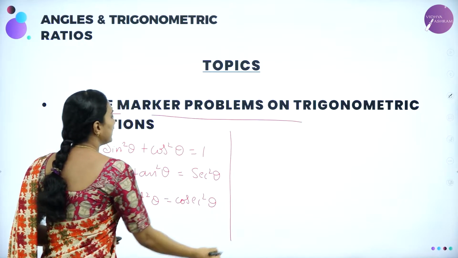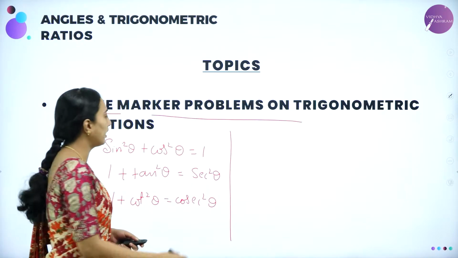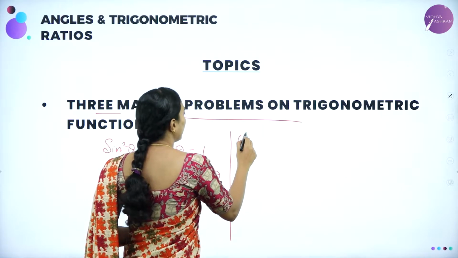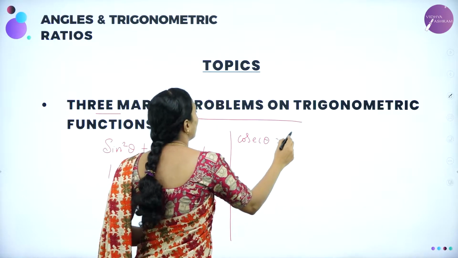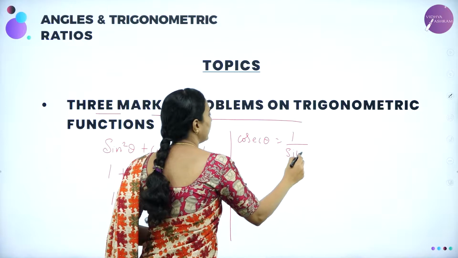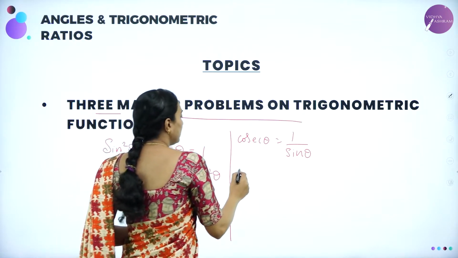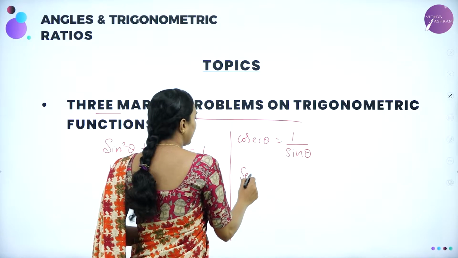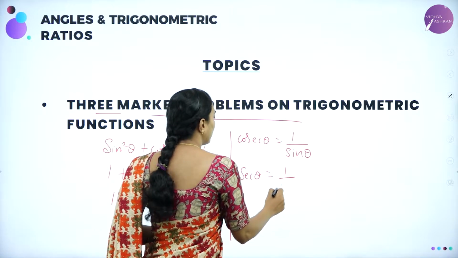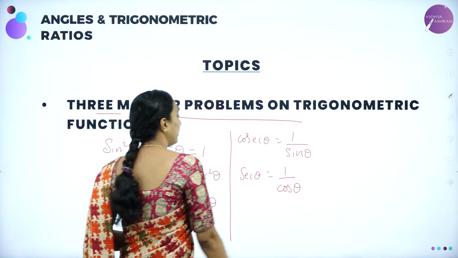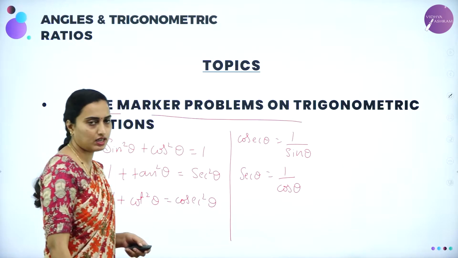And then the reciprocals of the trigonometric functions: cosecant theta can be written as 1 over sin theta, or sin theta as 1 over cosecant theta. Secant theta can be written as 1 over cos theta, or cos theta as 1 over secant theta.